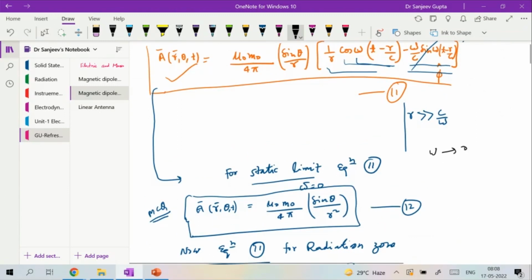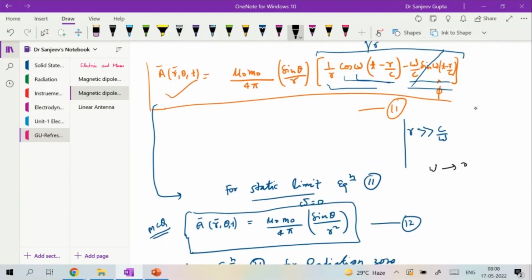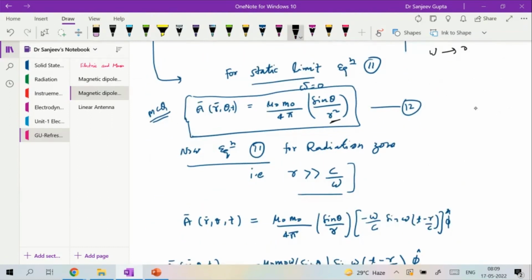So r becomes very small as compared to c/ω. This term goes out, and you have only the 1/r dependent term, that is 1/r². So you have the expression that the vector potential A(r, θ) is directly proportional to μ0 m0/4π sin θ/r². This is expression number 12.